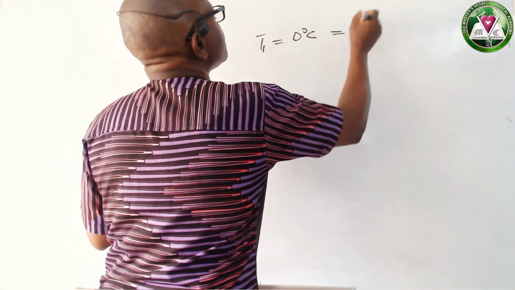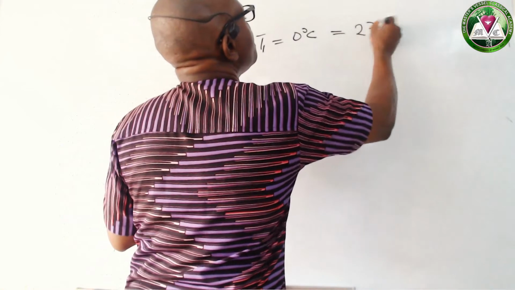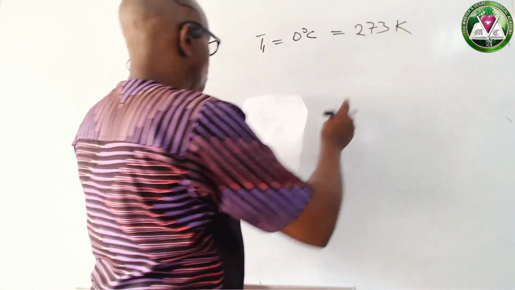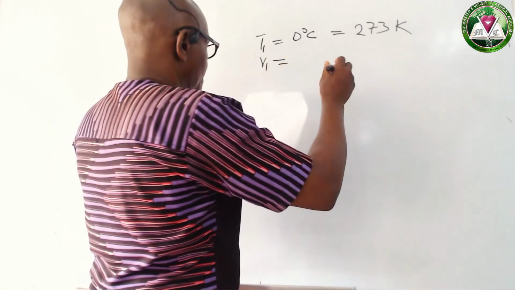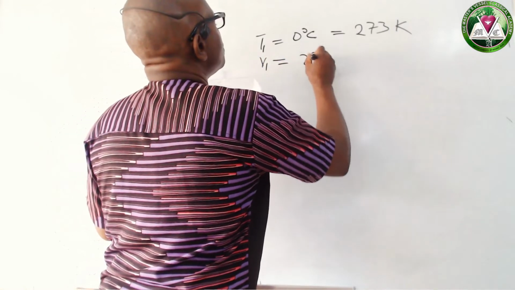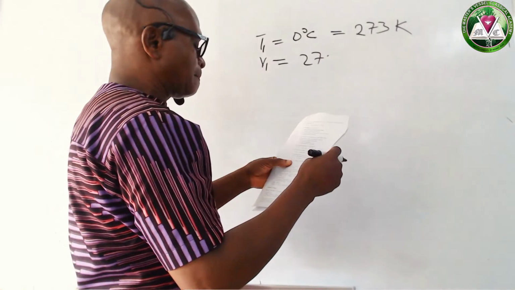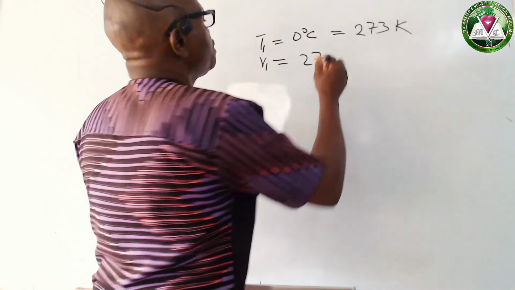And if we convert it to Kelvin, it becomes 273 Kelvin. Then you will see that we have our V1. Volume 1 is 27.3 cm cube.